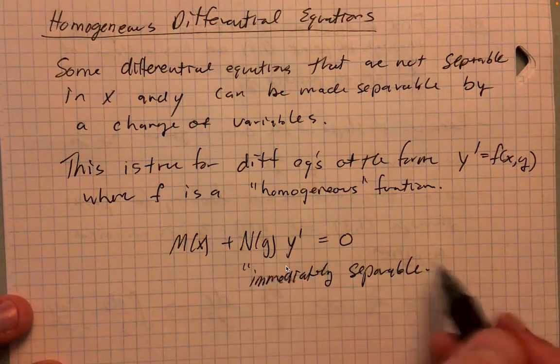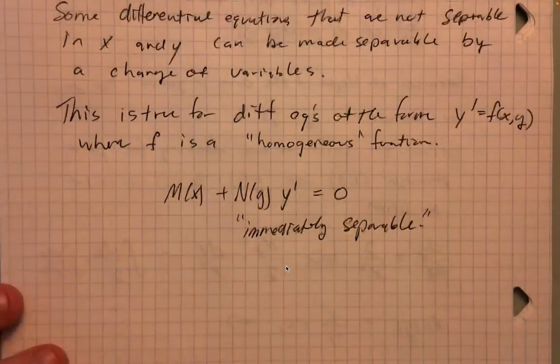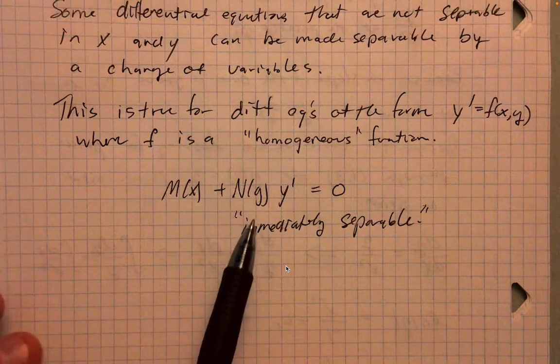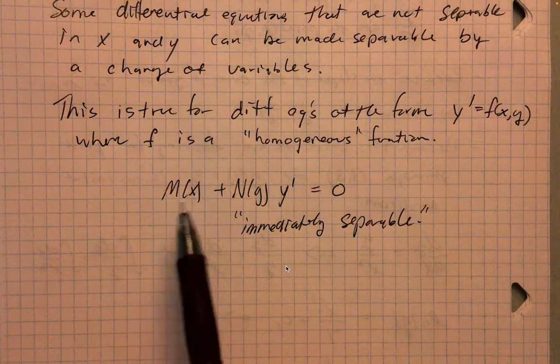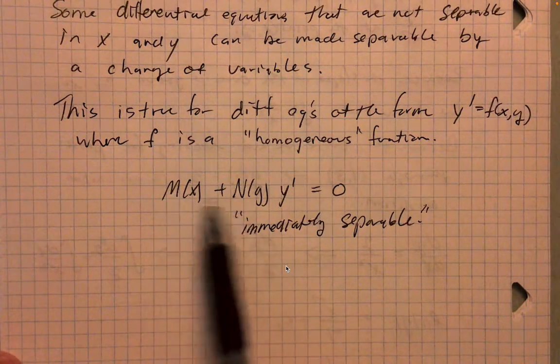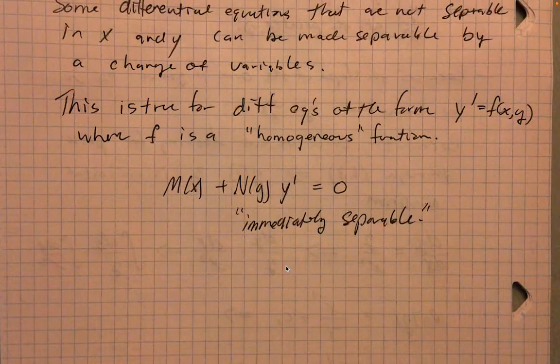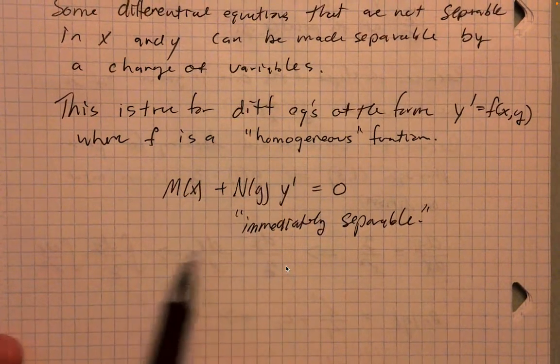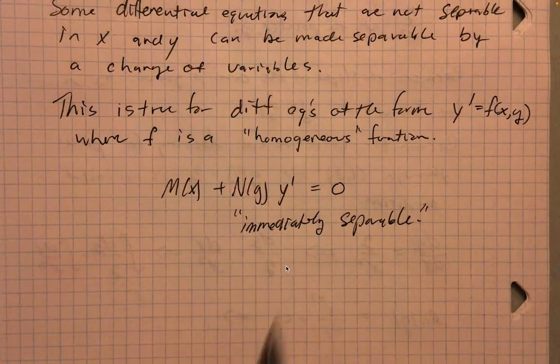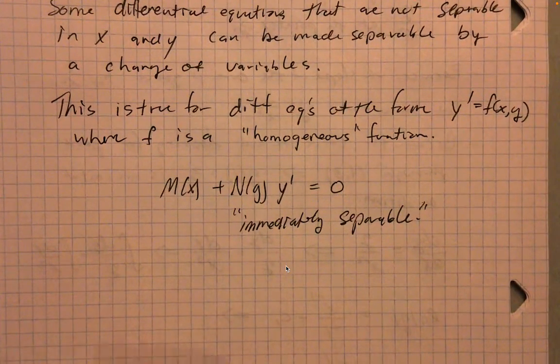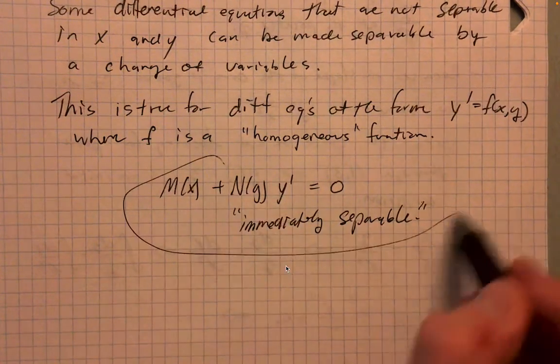Okay, easily separable, right? And then we saw some examples also where maybe the differential equation isn't given exactly in this form, but we can do some things to it. We can multiply by this, divide by that, switch some things around, do some factoring, whatever, some kind of simple algebraic manipulation, and we can convert it into this form. Okay, so those are the two things we saw already.